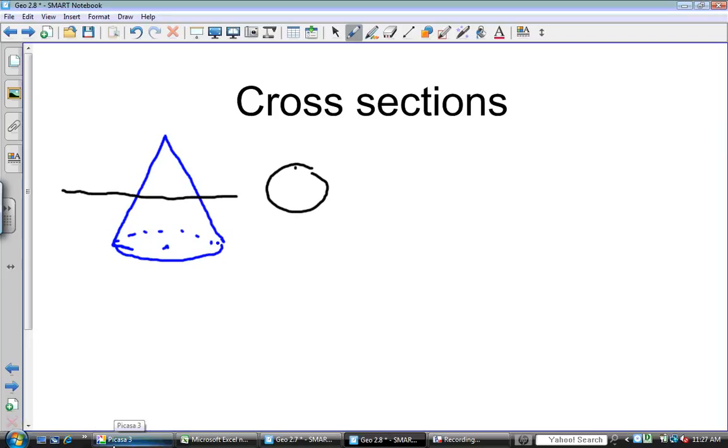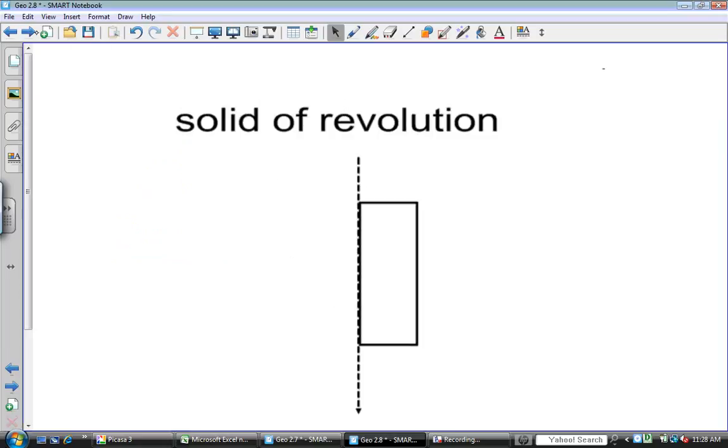However, if I take a saw and cut it down here, if I take this section to the right and flip it over, it's going to look like a triangle. So these would be two different cross-sections of a cone. You can take cross-sections of anything to see what kind of shapes it would create.